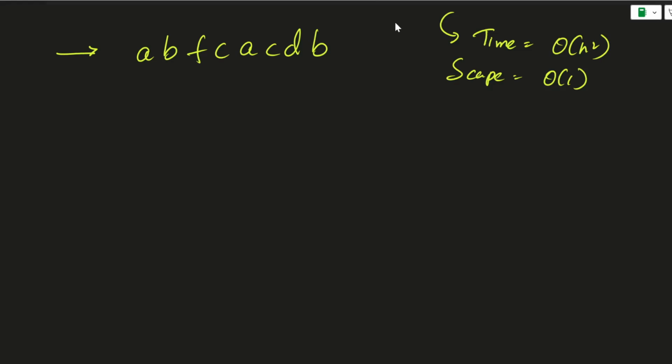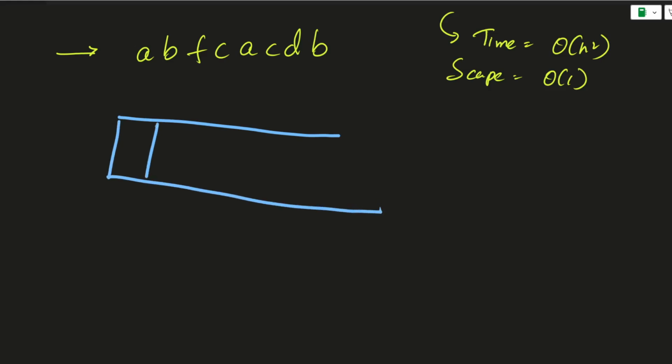Using a stack, how can we achieve this? We need to optimize the solution from n square to O of n. So how could we achieve this using a stack? The data structure we'll be using is a stack, but how do we get this intuition?